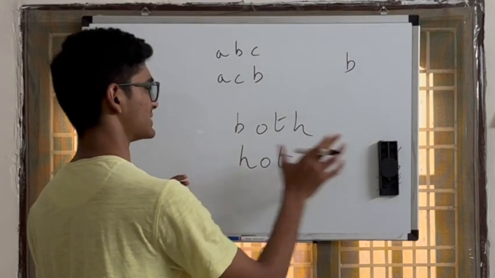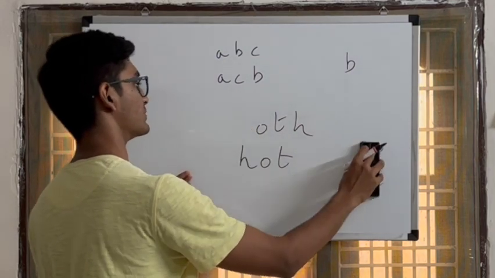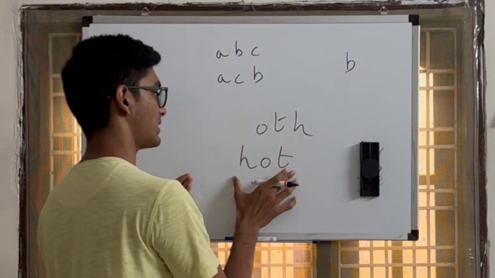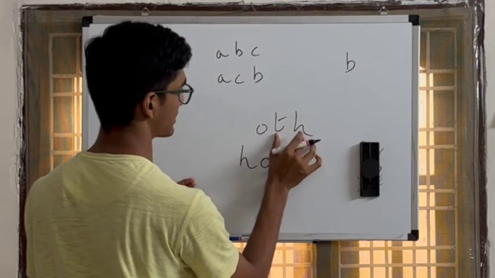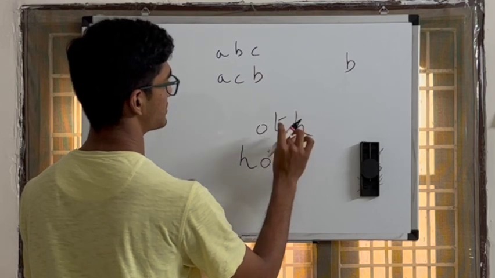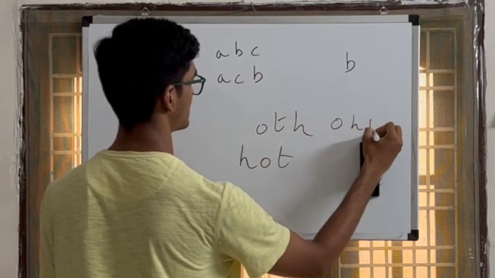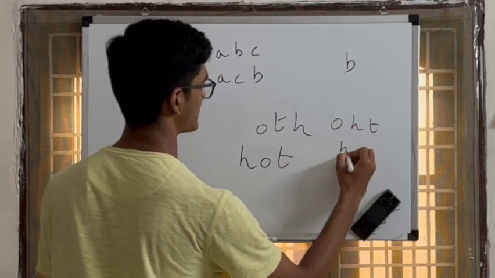Let's take a case where we can use both. In this case, what you can do is, first things first, easily, for both of them, first you can remove both B from both and you can get OTH. Now you convert this into this. Of course, you can swap them multiple times, any number of times, but you have to perform the operation, which is H to T. You can swap it, which will give us OHT, and again H to O, which will give us HOT.